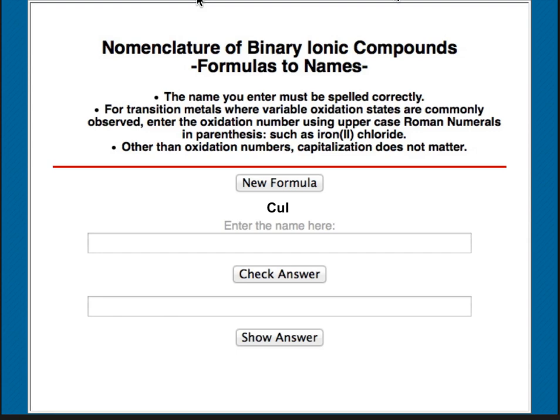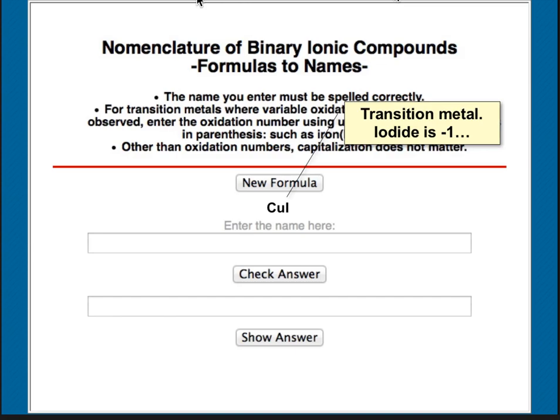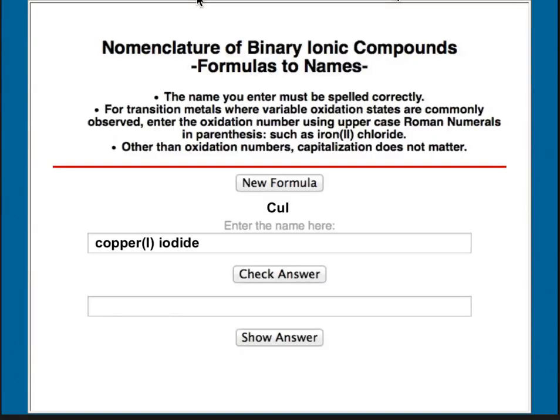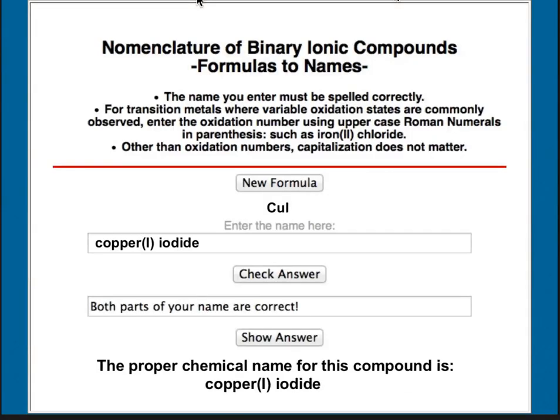For this to be neutral, copper must be +1. So we will write copper(I) iodide. Once again, no space here, and a space in between. If you get the spaces wrong, it will blow up.